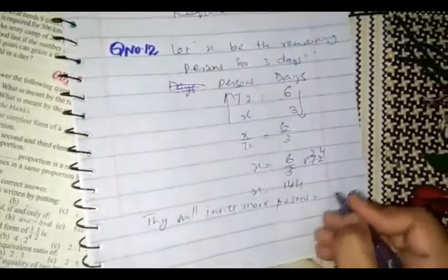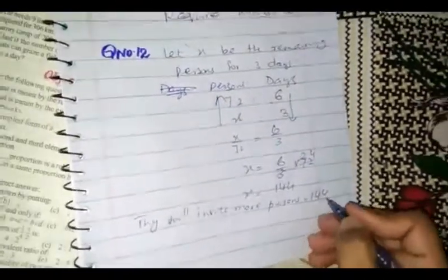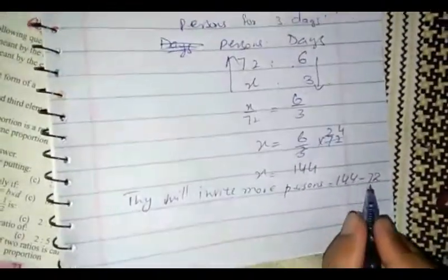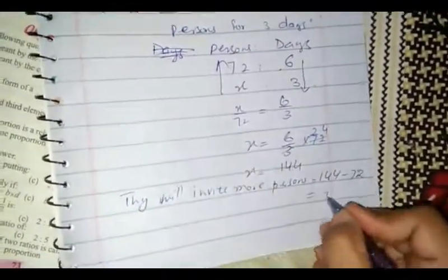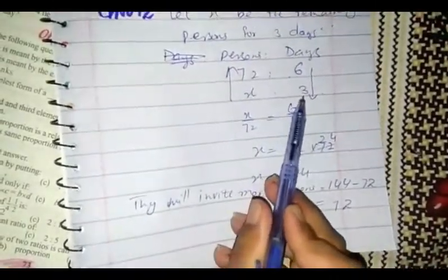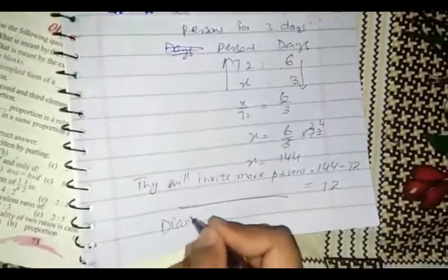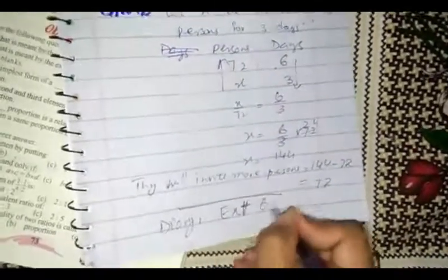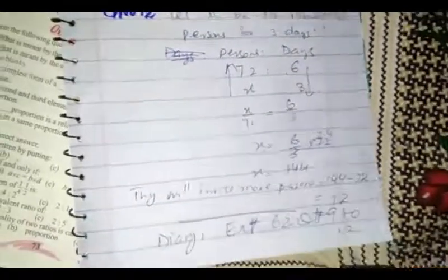And students, how many more persons are invited? There are total 144 persons and 72 persons are already present. Then after subtraction they will invite 72 more persons for the food for 3 days. So our diary is completed. You can note your diary. That is exercise number 6.2, question number 9 to 12. Thank you.